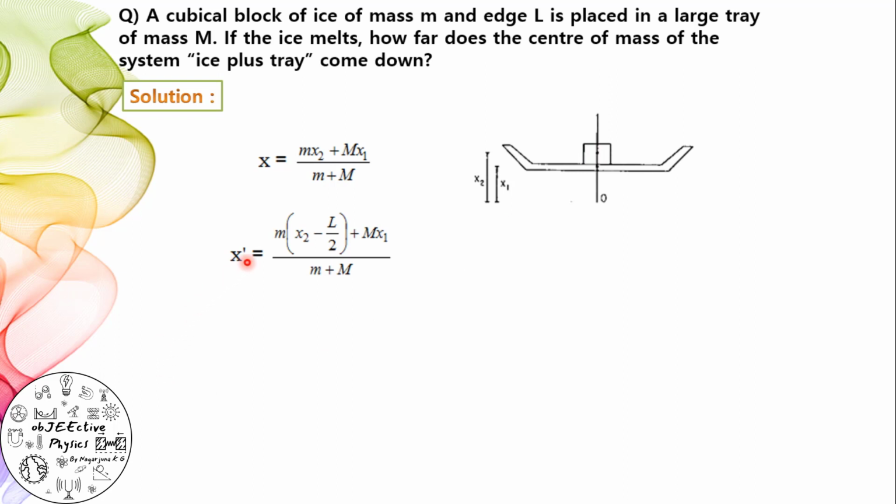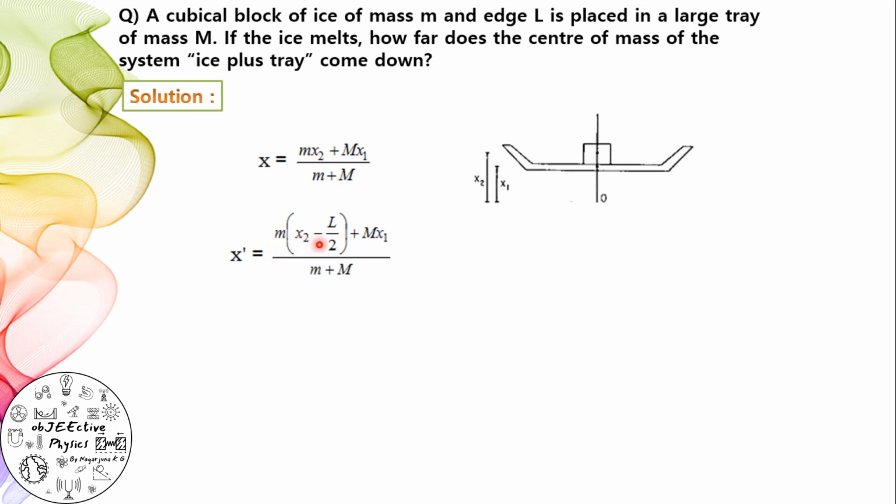Therefore, x dash, the final center of mass of the system of tray plus water, is equal to m into, see, earlier the center of mass of the ice block is at x2, but now it has come down by L by 2.